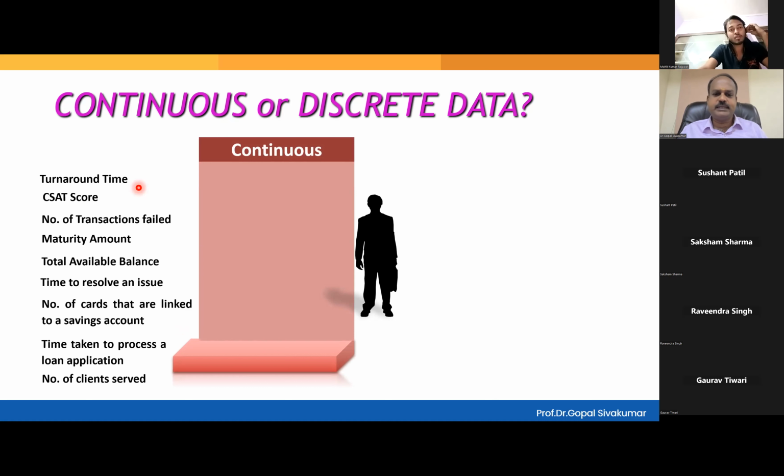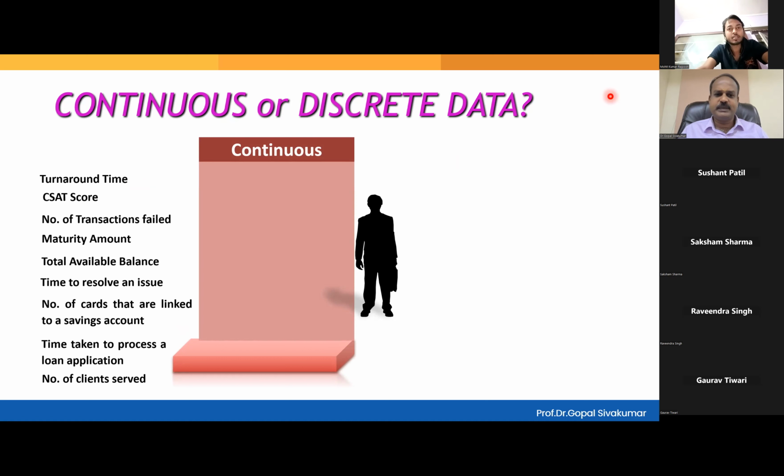Continuous, because you can measure it. Not only can you measure it, you also have a unit of measurement. What kind of unit can you use for time? Minutes, seconds, hours. Then which is better?